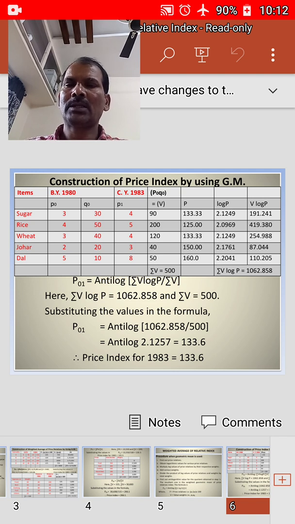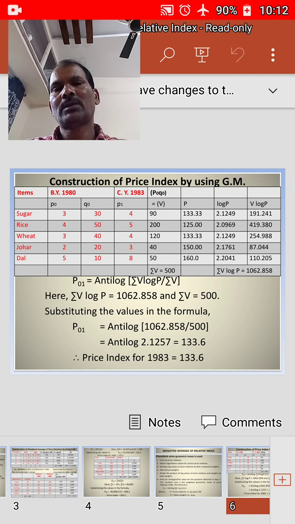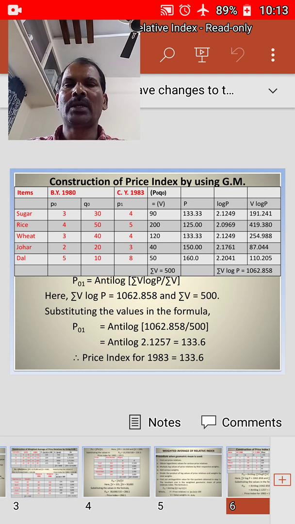Base year prices are taken as P0 and quantities as Q0. That is, prices are 3, 4, 3, 2, 5, whereas quantities are 30, 50, 40, 20, 10. Current year 1983 prices are considered as P1. P1 is equal to 4, 5, 4, 3, 8.